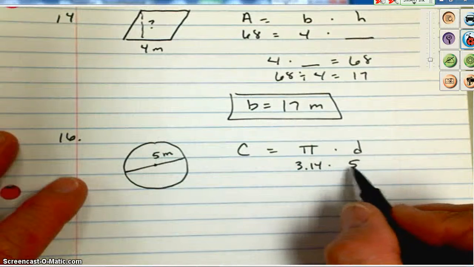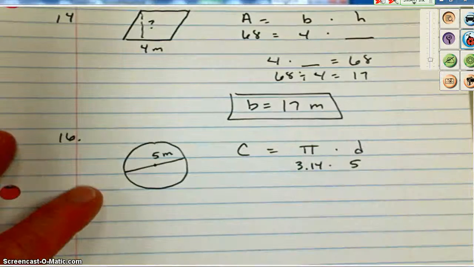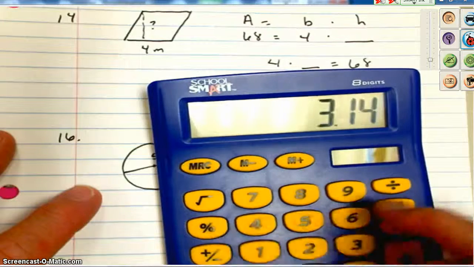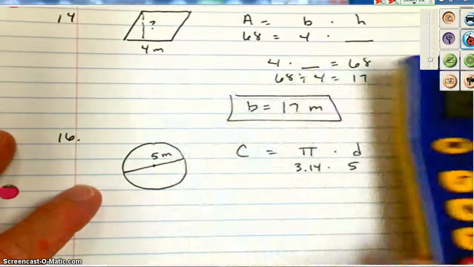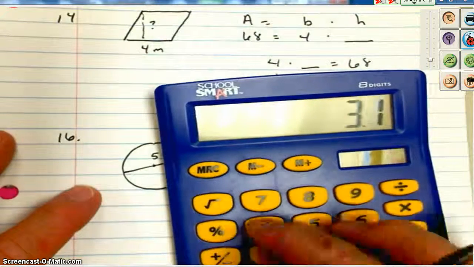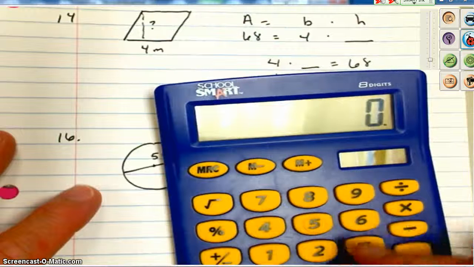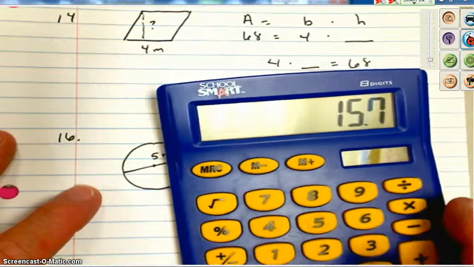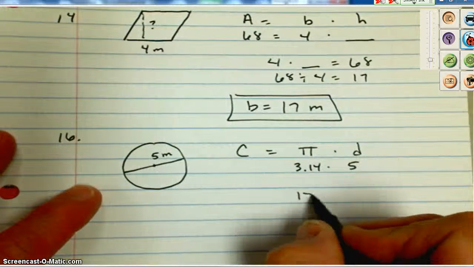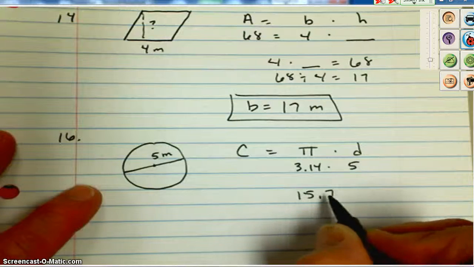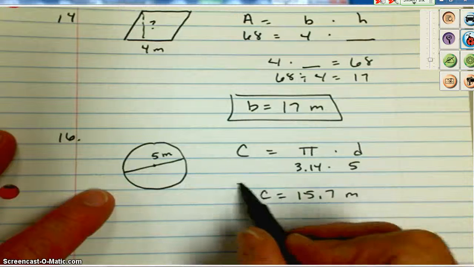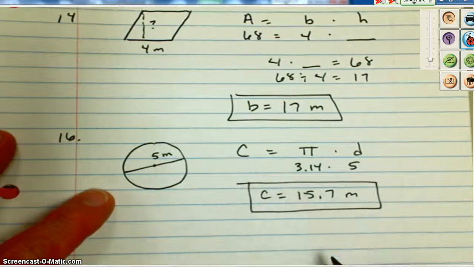It's probably going to be a little bit more than 15, so let's multiply that. 3.14 times 5 is 15.7, that kind of makes sense. This is circumference, so it's meters. Circumference is equal to 15.7 meters.